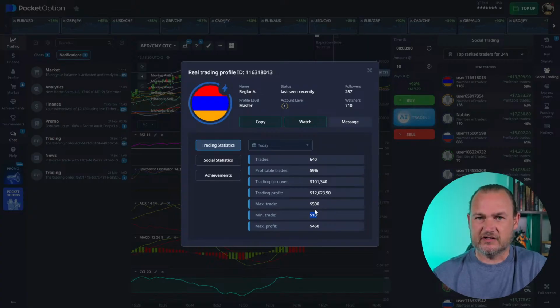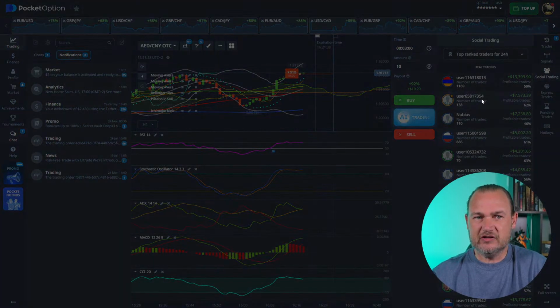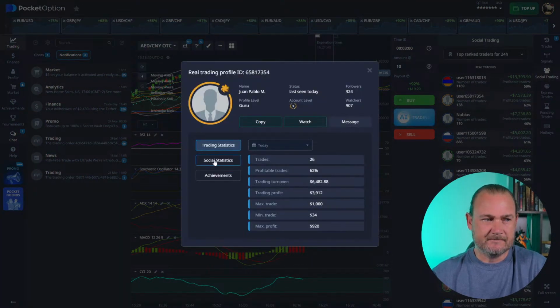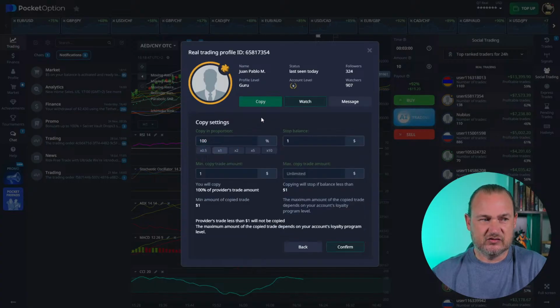That's a massive difference in trade size, but still. So you can look at all the different stats from these people that have made their trading available. You can go to copy, and then you can say copy in proportion, stop balance.